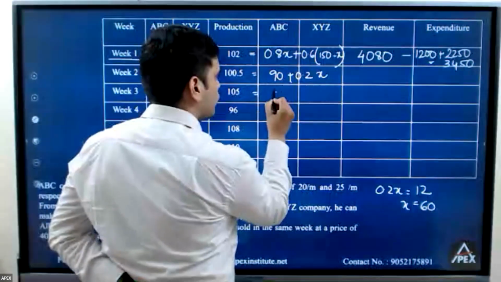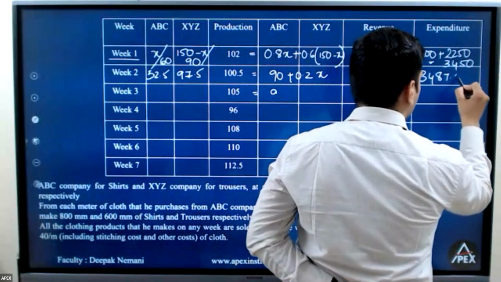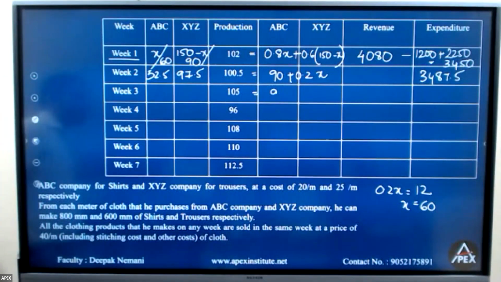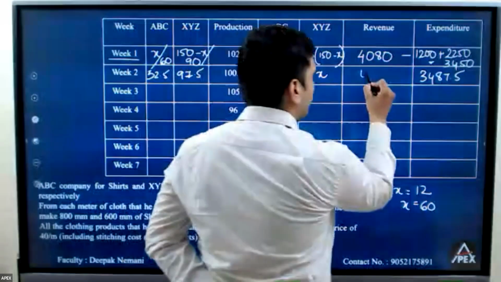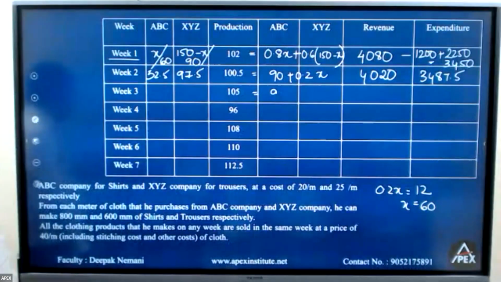Okay, so 3487.5. Now 100.5 into 40, 4,000 plus 20, 4,020. Now we have revenue and expenditure.